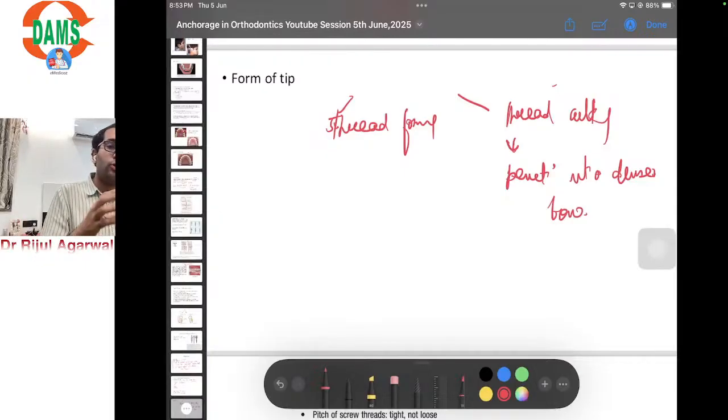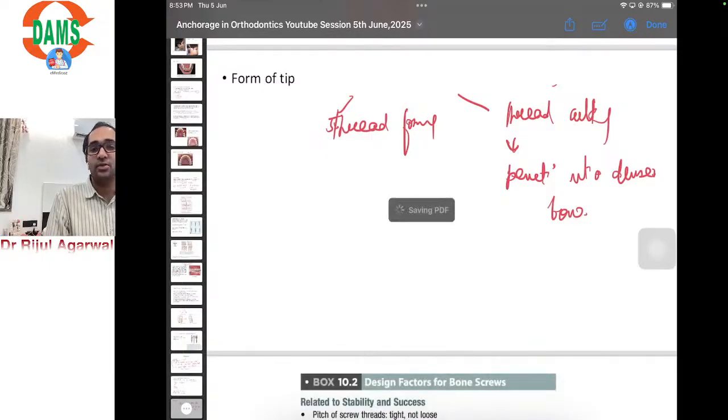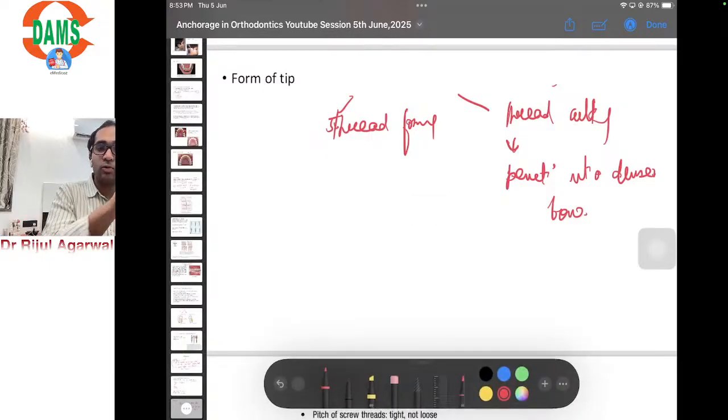As I've told you, TADs are not something which will always be placed inside an extraction socket. Sometimes we place it into the retromolar, buccal shelf area, zygomatic implants. Their bone is much denser, so there we involve thread cutting. Examples are where we place it into the ramus area, buccal shelf area, zygomatic buttress area, or palate sometimes. Here we involve a thread cutting surface, so that it cuts the denser bone while we place it.